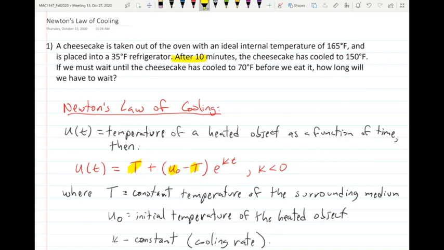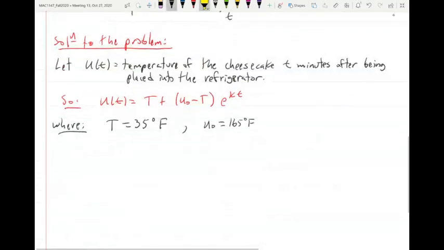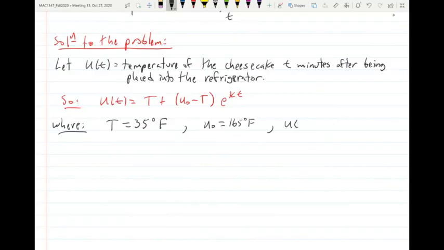So how do we use the information here in the second sentence? Very good. It means that if t equals 10, this is 150. So the other information that we have is that U of 10 equals 150.